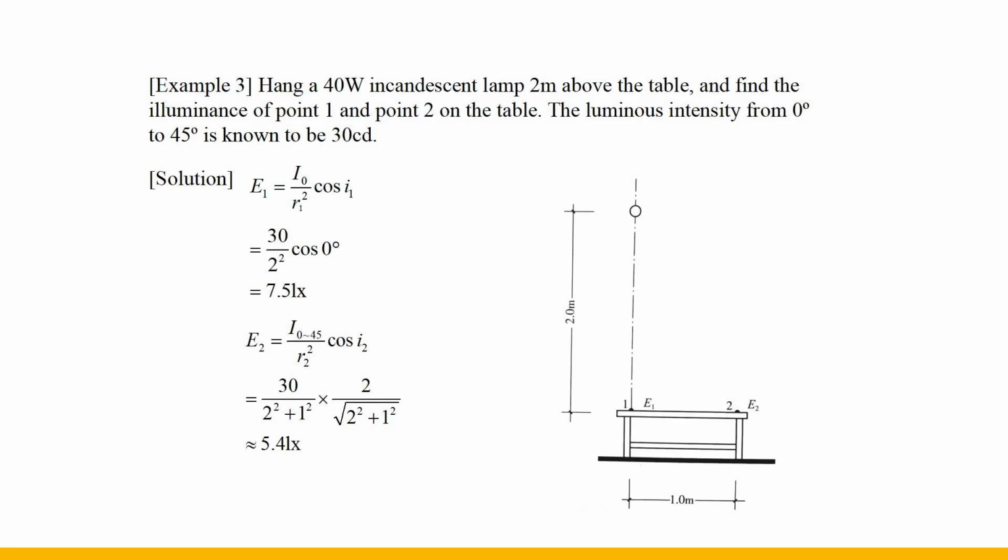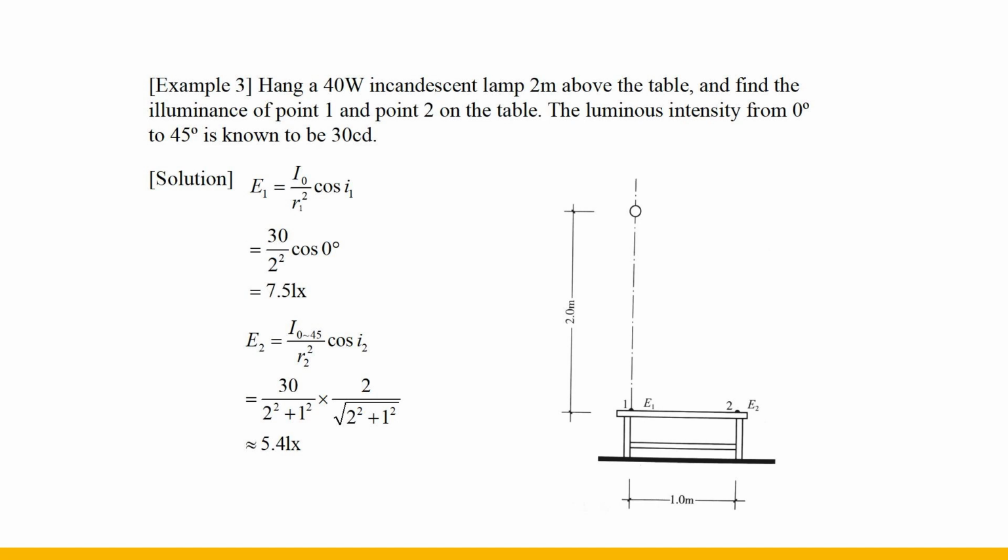Since the luminous intensity is known, the relationship between the luminous intensity and the illuminance can be used to solve the problem. The angle I at point 1 is equal to 0 degrees, and the angle I at point 2 is less than 45 degrees, according to the Pythagorean theorem. Therefore, the luminous intensity of points 1 and 2 are both taken as 30 candela.